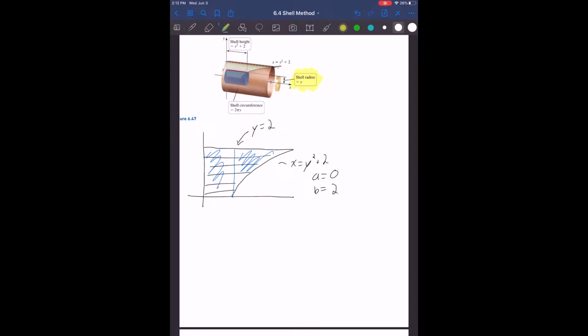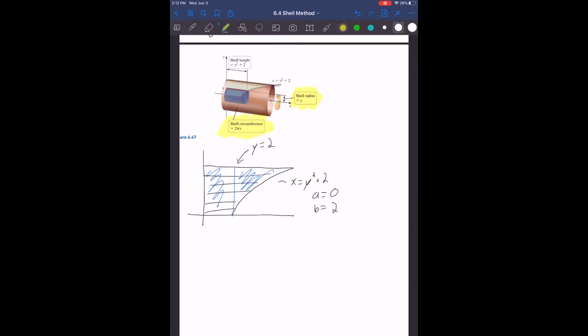This will be in general true when we're just rotating around the x-axis, and our circumference is going to be 2 pi y. We just multiply the radius by 2 pi to get circumference, and then height is going to be this function value, now in terms of y instead of in terms of x. So combining this all together to get the area of the shells, we're just going to get 2 pi y times y squared plus 2.